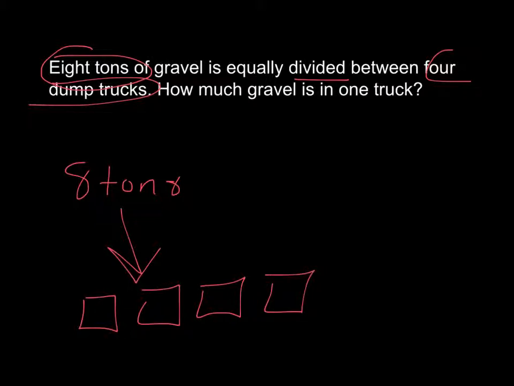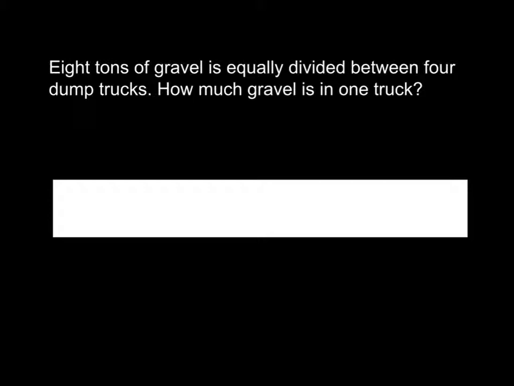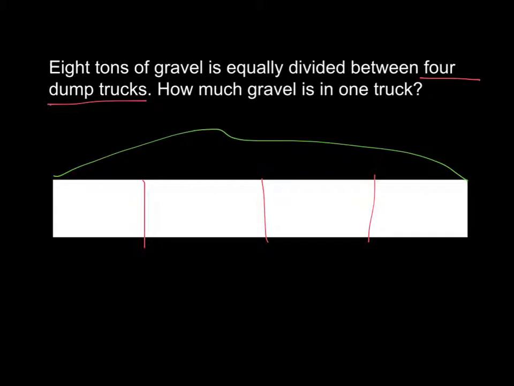Okay, and we're going to represent that with a tape diagram. So what we're going to do is we're going to have our tape, and we're going to divide this tape into 4 sections. And those 4 sections represent my 4 dump trucks. And then I'm going to have my 8 tons of gravel. This is 8 tons.